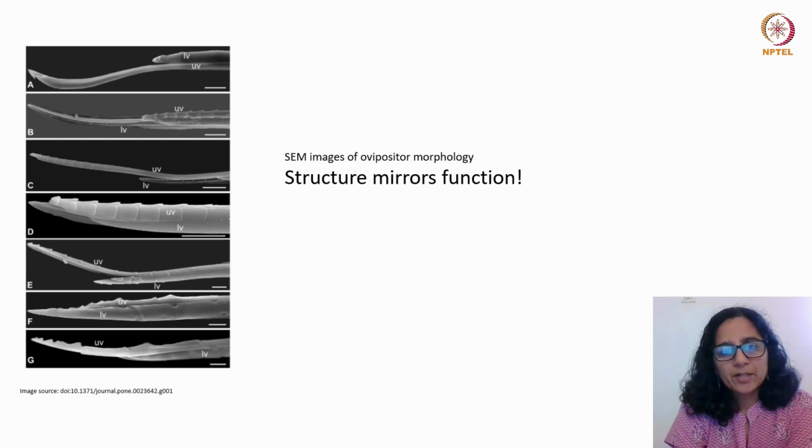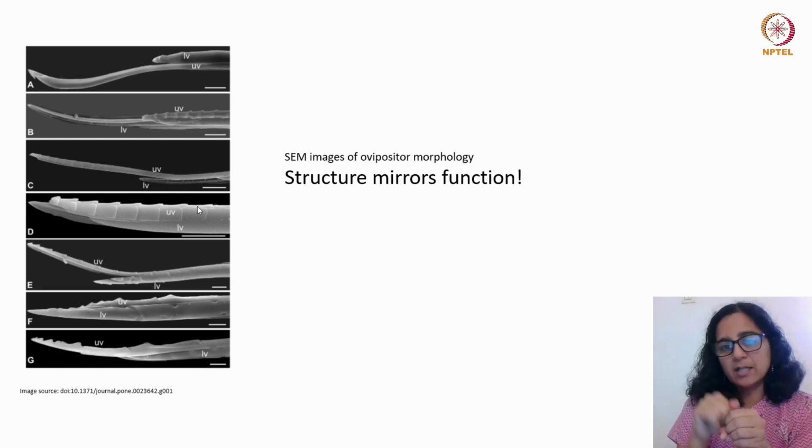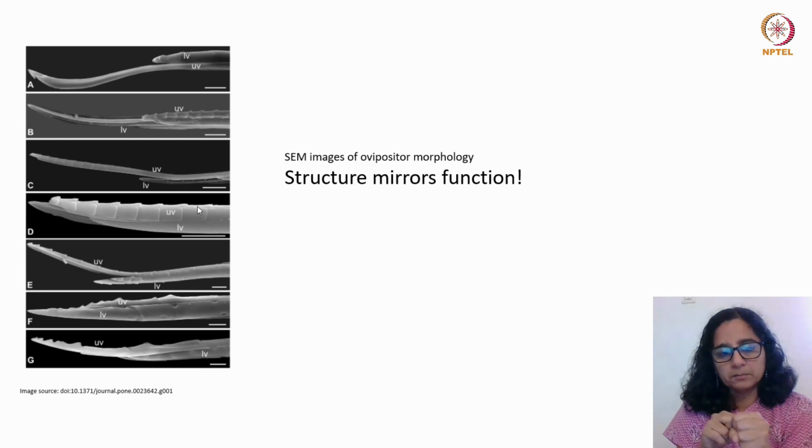But what is important here is I've written, structure mirrors function. That means that for different functions, if it needs a long ovipositor, the structure is designed like that. If it needs to drill into the syconium, then it will have some kind of a small drill bit, strong enough to drill the syconium.